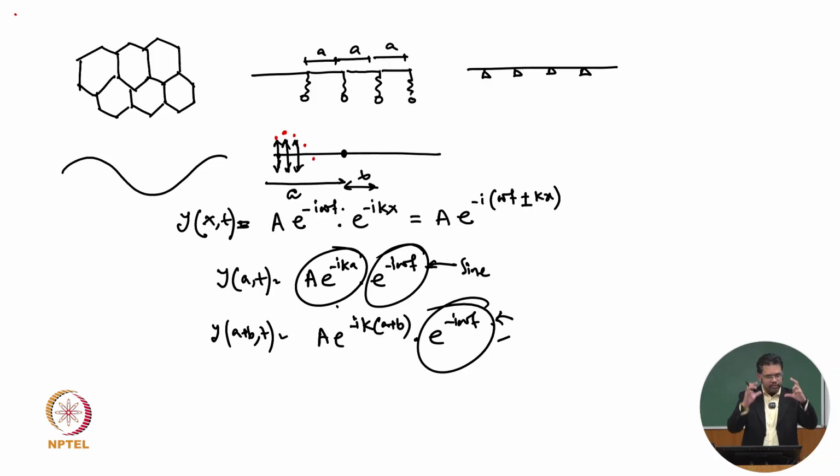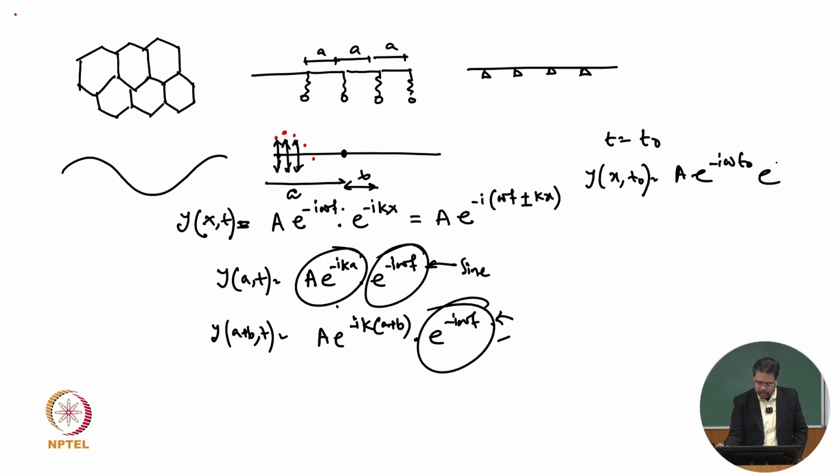Once we take a snap, maybe at time t equal to t0, how will that complete field look? Then we can write the field equation at x comma t0, and that will be e to the power of minus i omega t0 into e to the power of minus i kx.